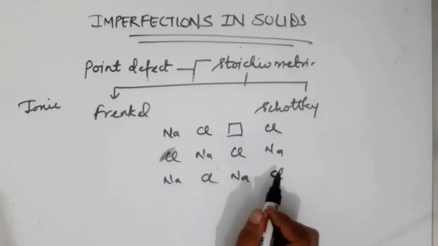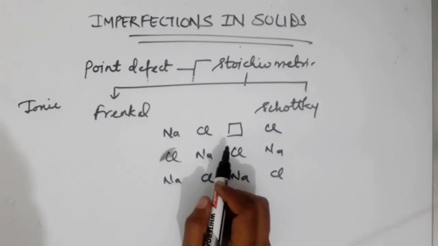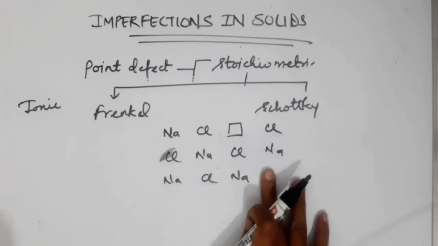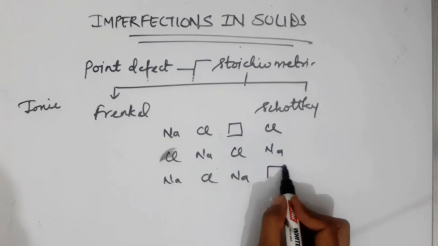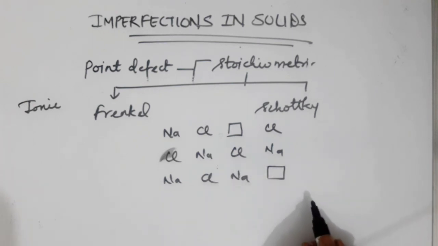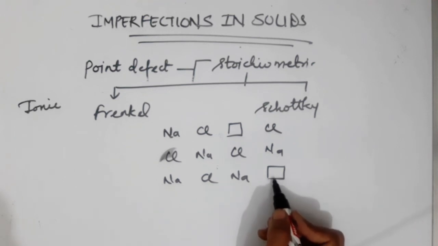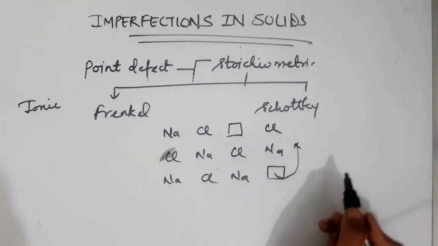But similarly, in case of Schottky, when one of the metal ions leaves its site, to balance the charge neutrality the Cl leaves one more site and there is again a charge balance between Na and Cl. These types of defects that are generated are generally known as Schottky defect.